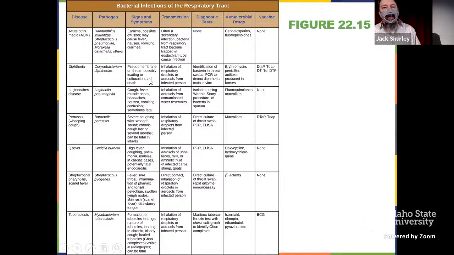Corynebacterium is diphtheria, forming that pseudomembrane, and we can see vaccines with it. The D in DTaP is for diphtheria. Legionnaires' disease, Legionella pneumophila. I feel like we mentioned Legionnaires' disease a while back. Aerosolized droplets, water droplets, AC units, misters at a supermarket.